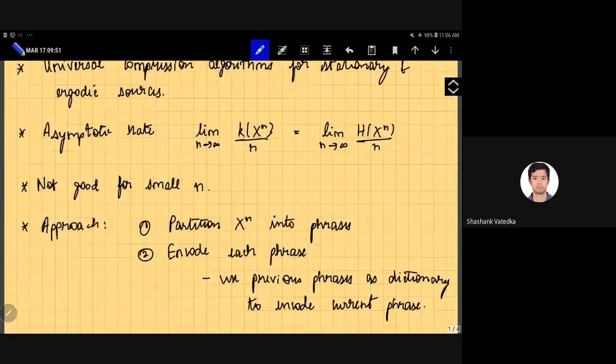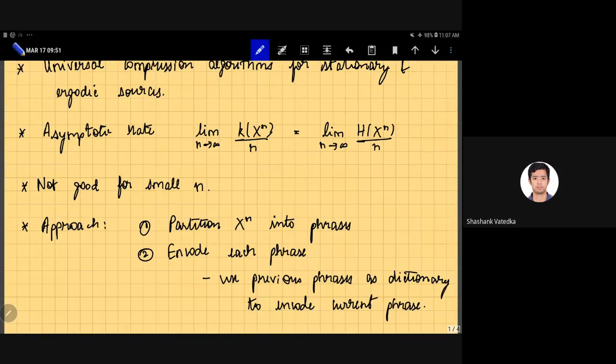So the general approach followed in the algorithms proposed by Lempel and Ziv is the following. You take your source sequence x^n and partition it into phrases. A phrase is basically a subsequence of the string that we have. So you partition it into contiguous substrings or phrases and then encode each phrase separately.